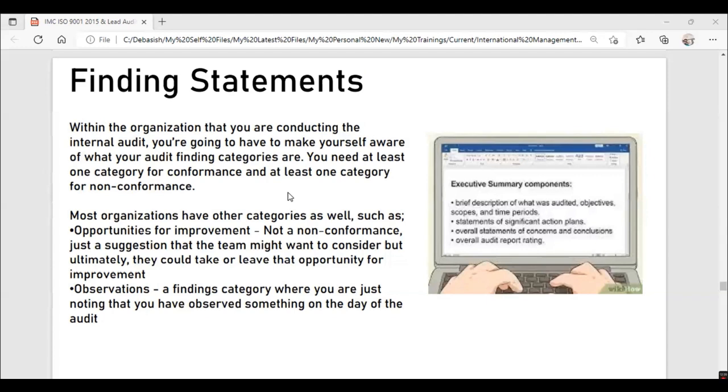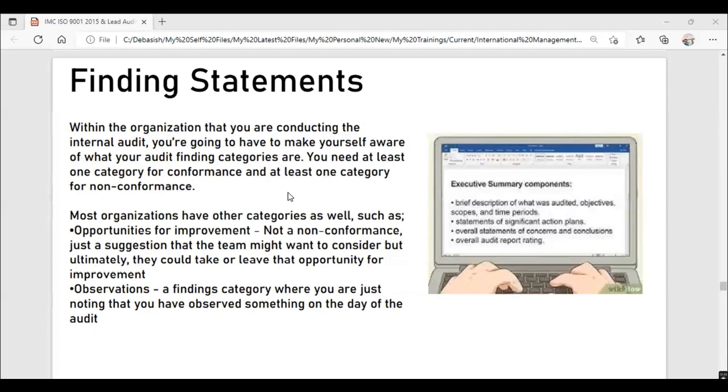Within the organization that you are conducting the internal or any audit, you are going to have to make yourself aware of what your audit finding categories are. You need at least one category of conformance and at least one category of non-conformance.